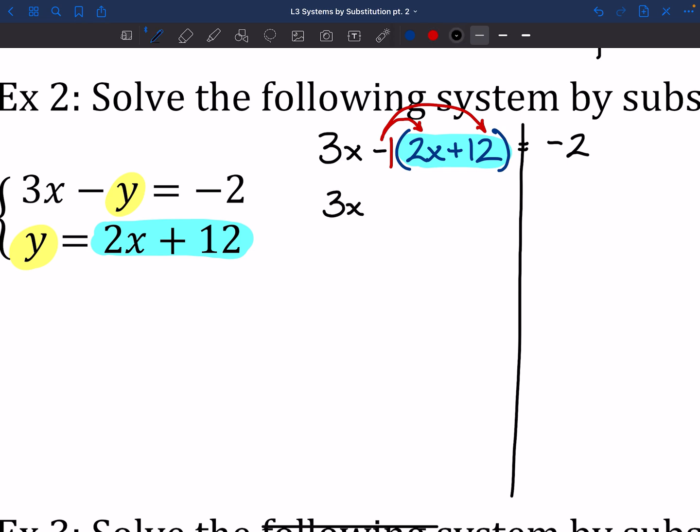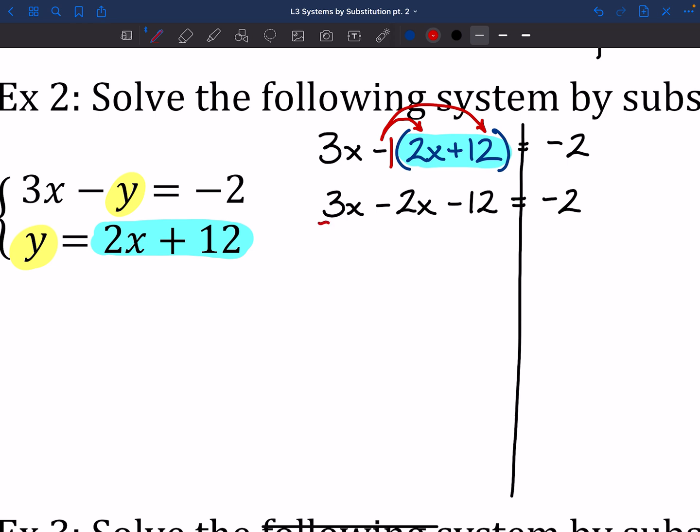So we're going to get 3x, negative 1 times 2x is minus 2x. Negative 1 times positive 12 is minus 12. All right, so as we can see, that negative sign did play a different part, right? It not only turned the 2x negative, it also turned the 12 negative, right? So that is an important little, nitpicky bit that we've got to be careful of.